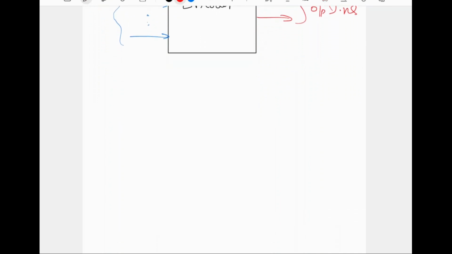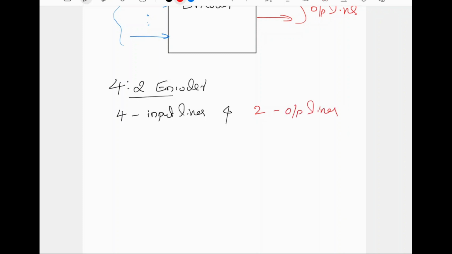First we will see 4:2 encoder. As the name suggests, a 4:2 line encoder will have 4 input lines and 2 output lines. First, we will see the logic symbol of 4:2 encoder.